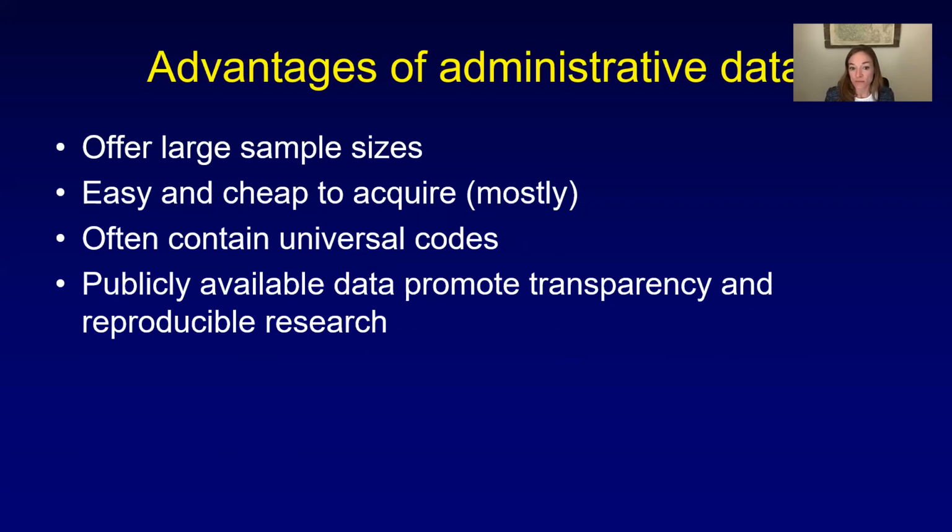And then, as I mentioned before, they often contain universal codes, and I'm going to go into that in a little more detail in a bit. They're publicly available data, so they promote transparency and reproducible research, because if anyone has access to the data, they can do what you did at home. So it's really important to have well-written code, documentation, and transparency in your results. Next slide.